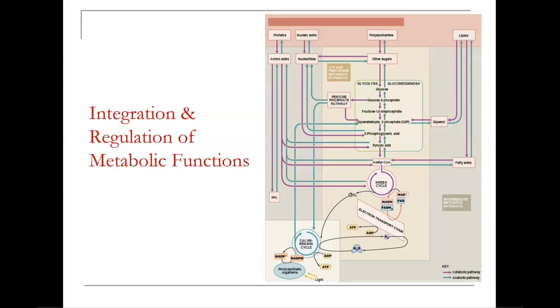Now you have your amphibolic reactions, and those are metabolic reactions that can proceed toward catabolism or toward anabolism, depending on the needs that the cell has. Pathways of cellular metabolism can be categorized into 3 groups. The first is a pathway that synthesizes macromolecules, so it can make things that the cell needs, like proteins, nucleic acids, polysaccharides, and lipids.